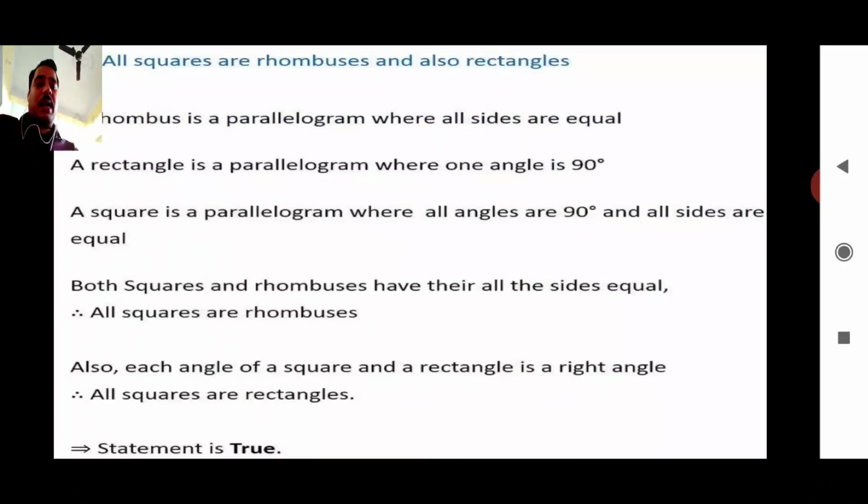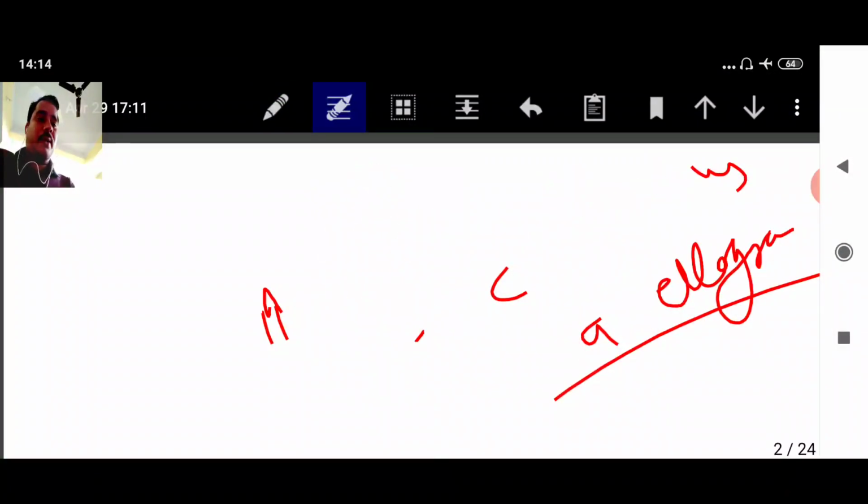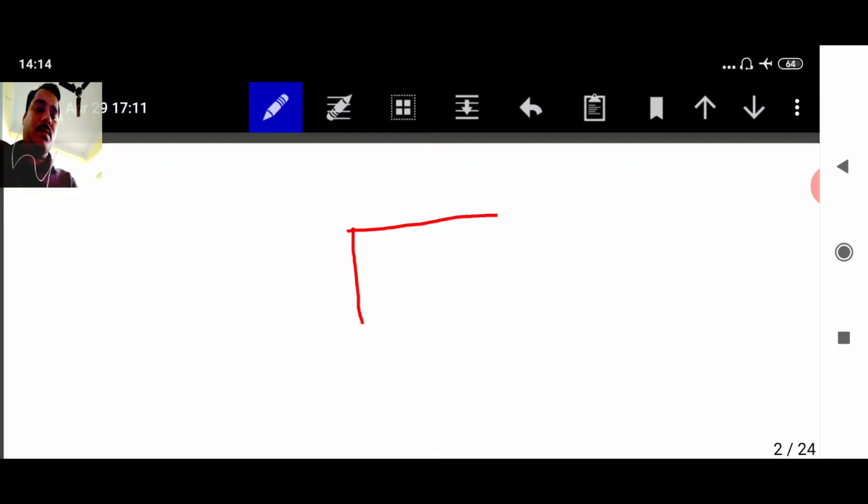Next one, all squares are rhombus and also rectangle. Draw a square ABCD.